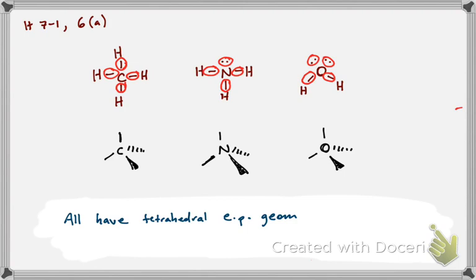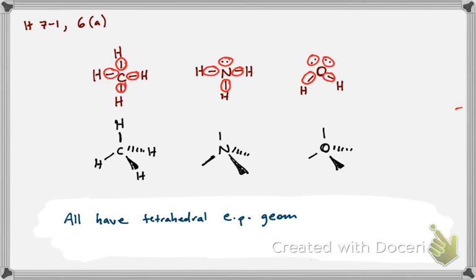Okay, so for that we need to consider the connectivity of the atoms. So what is the arrangement of the atoms in 3D space, not just the electrons? So let's see here. With methane, we'll go ahead and add in those hydrogens as it's in the structure.